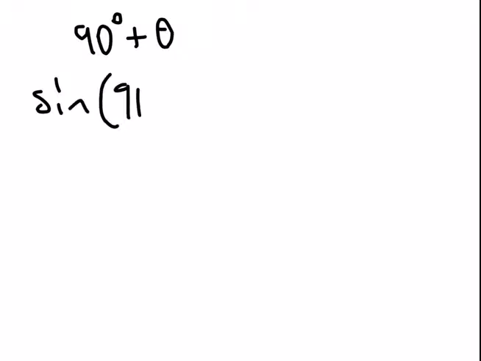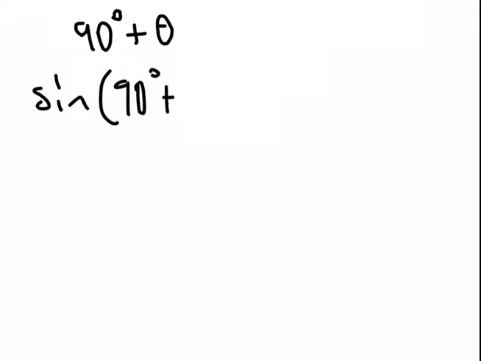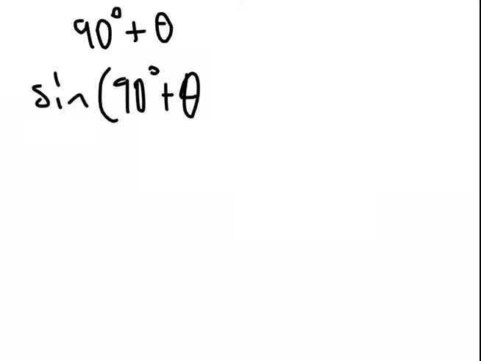So let's now look at the other function, the function where we have 90 degrees that we have to add an angle to. In this case, we can talk about sine of 90 degrees plus that angle.